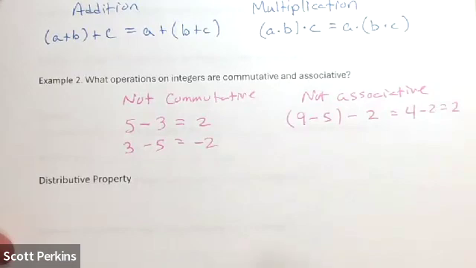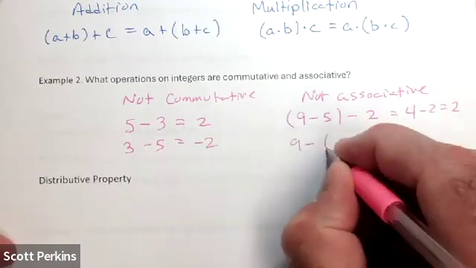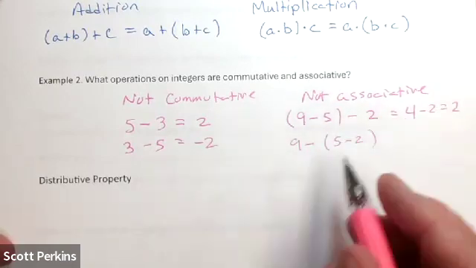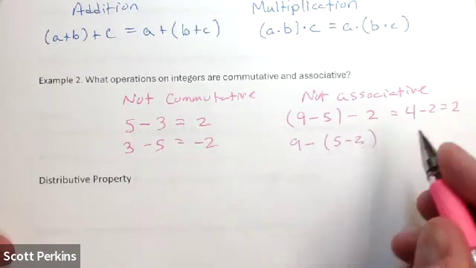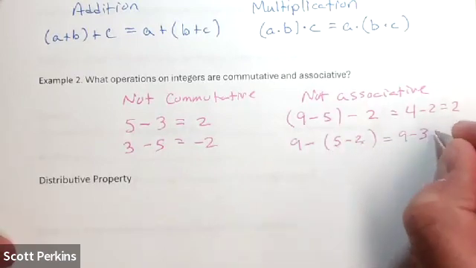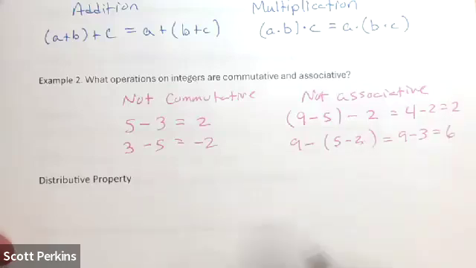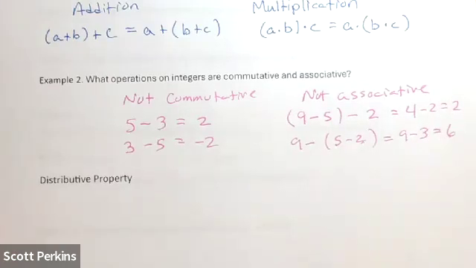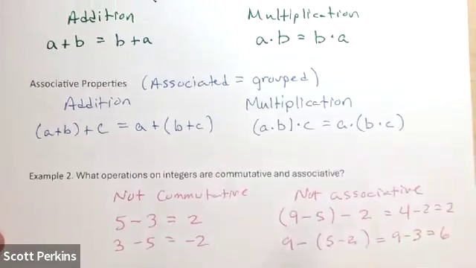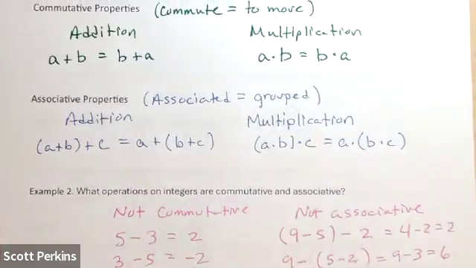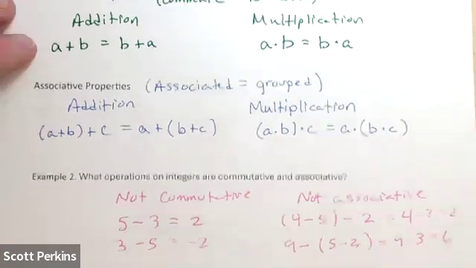Now let's say we change the grouping. 5 minus 2, that is 3. And 9 minus 3 is 6. So again, it's not associative. So subtraction is not commutative and not associative. Addition and multiplication are the only operations that are associative and commutative.